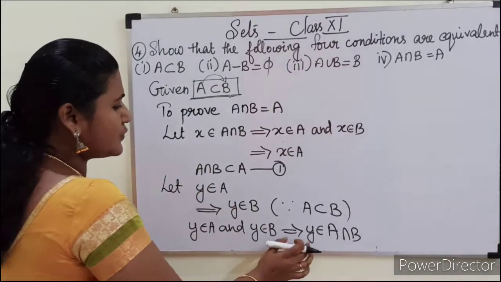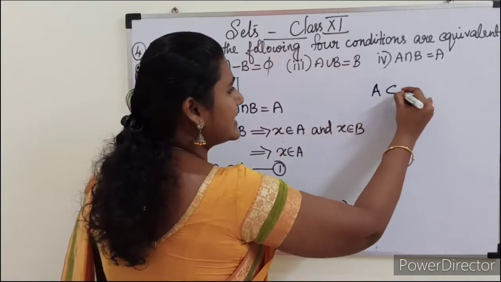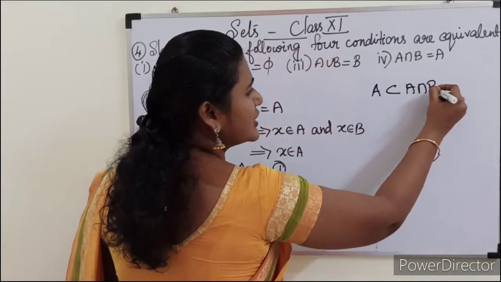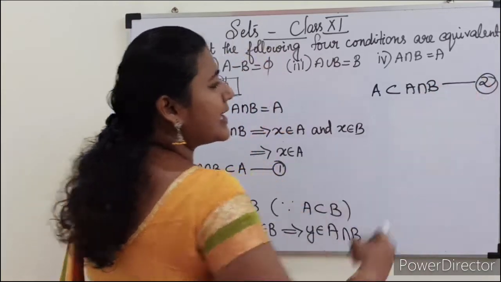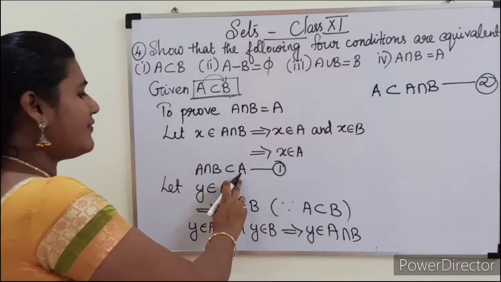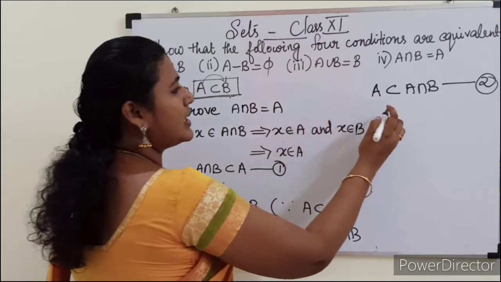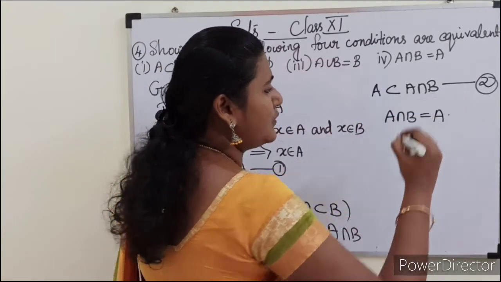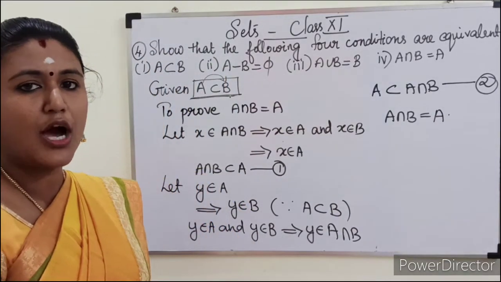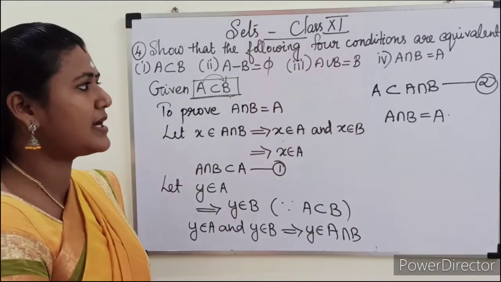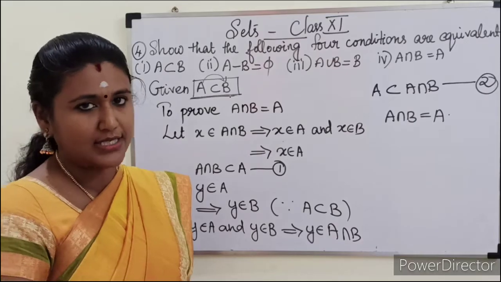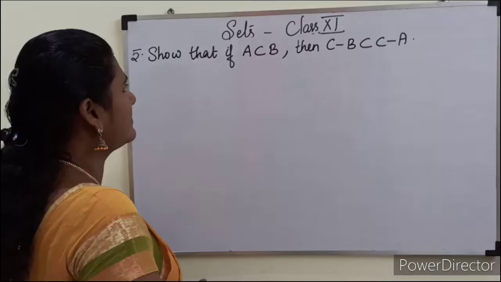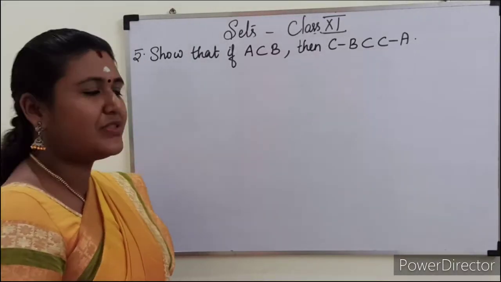So from this we can write A is a subset of A intersection B. This is our second equation. Now from the first equation and second equation we can write A intersection B is equal to A. So this is how we have to prove that the four statement conditions are equivalent.